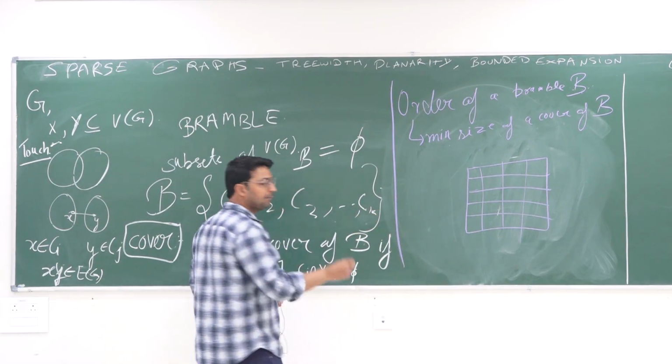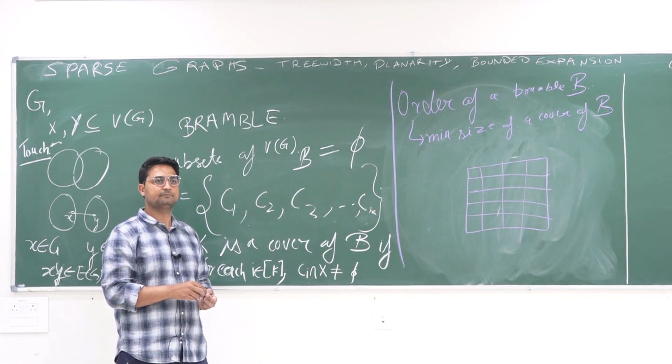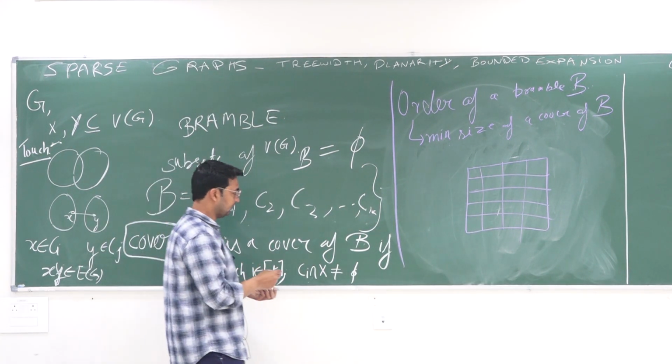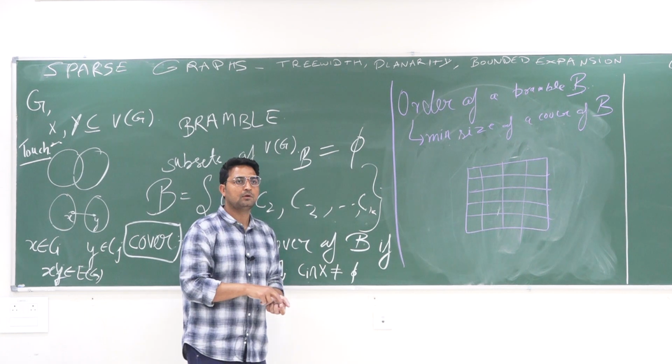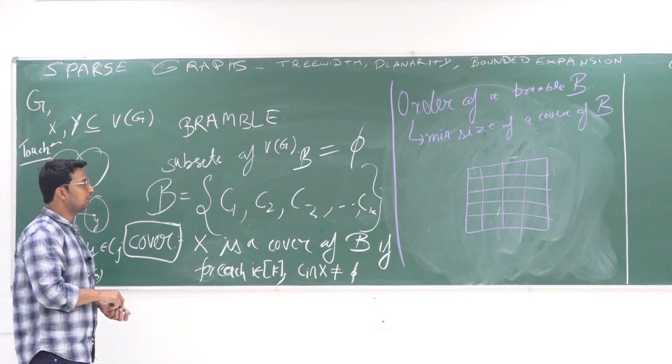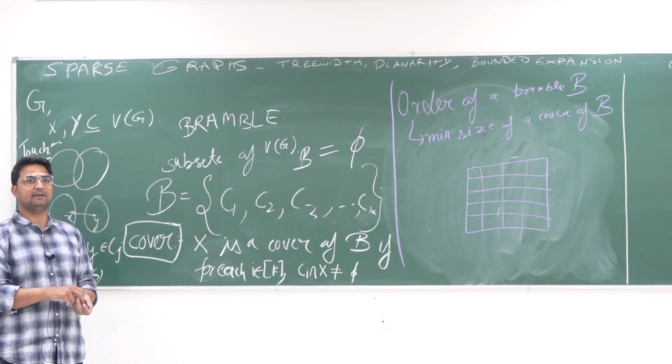And if all the subsets are touching in the second way, then it is exactly K.